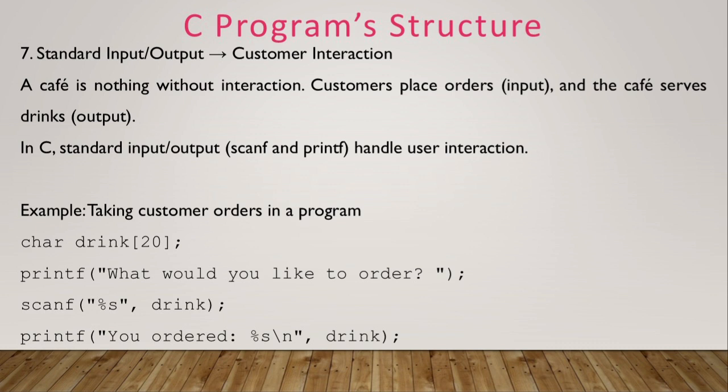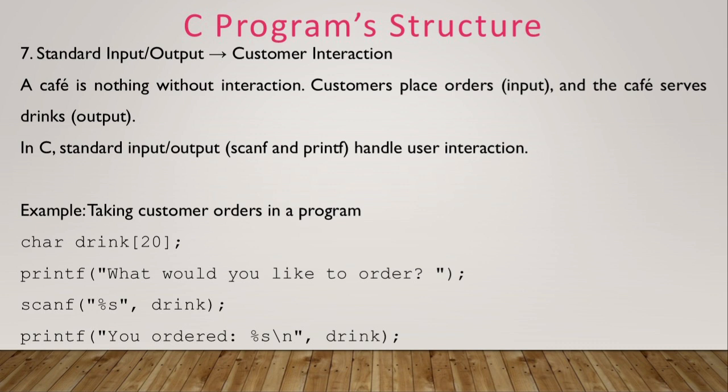I'll explain all this later when arrays come. But for now, just understand that drink is a string. A string means a combination of characters put together, and we can go up to a maximum of 20 for the name of the drink.